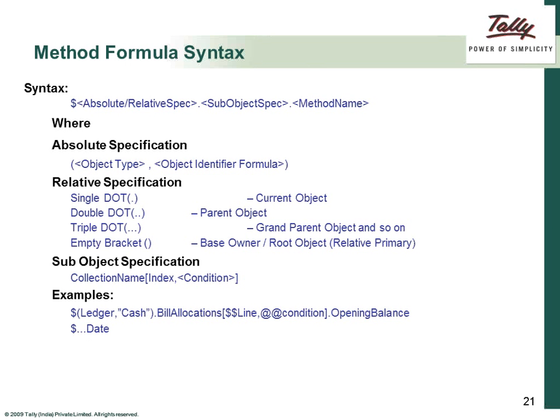Open square bracket: now the moment you go to the sub object, the sub object identifier becomes its number 1, 2, 3, 4, 5, 6, 7, 8. So that is an object identifier you need to specify. Comma, the condition if required, like there are criteria that you could have. Close square bracket, dot, the opening balance.